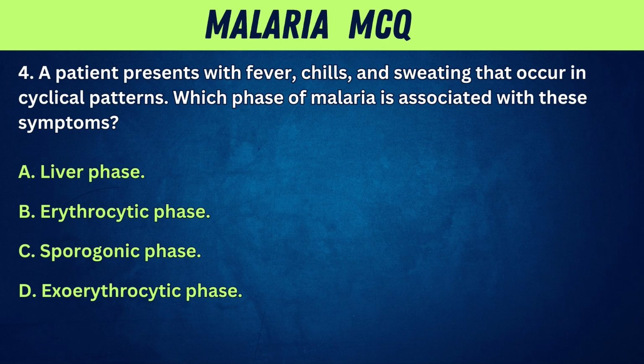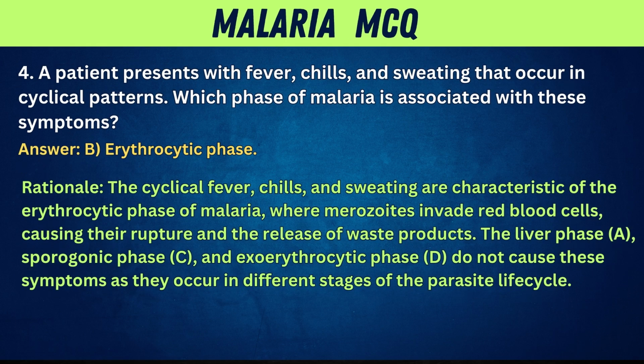4. A patient presents with fever, chills, and sweating that occur in cyclical patterns. Which phase of malaria is associated with these symptoms? A. Liver phase. B. Erythrocytic phase. C. Sporogonic phase. D. Exoerythrocytic phase. Answer: B. Erythrocytic phase.